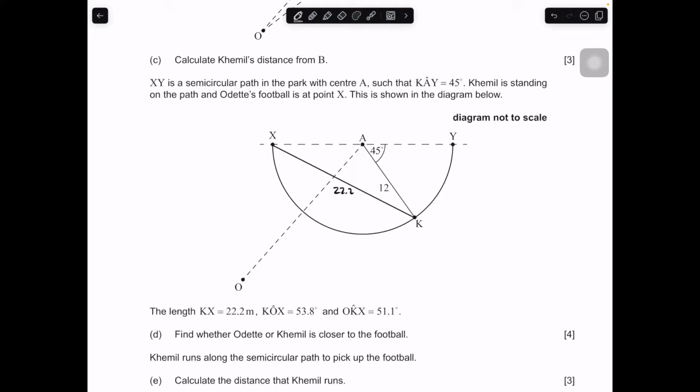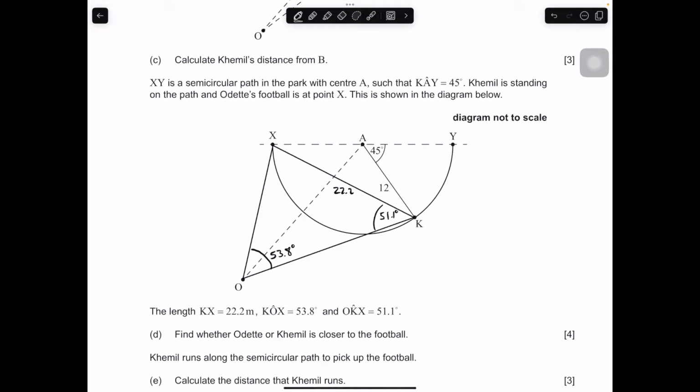KOX is equal to 53.8, so let's go ahead and draw that information. So this is KOX right here. Let's go ahead and label that, and it is equal to 53.8 degrees. And OKX is equal to 51.1 degrees.